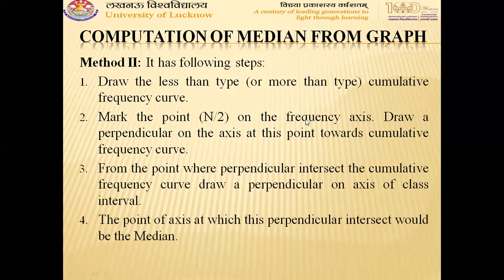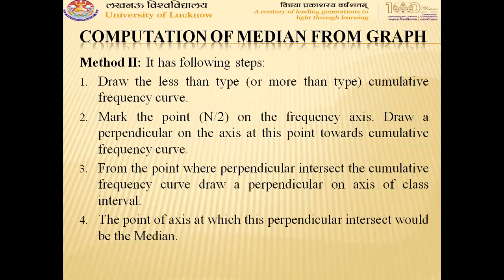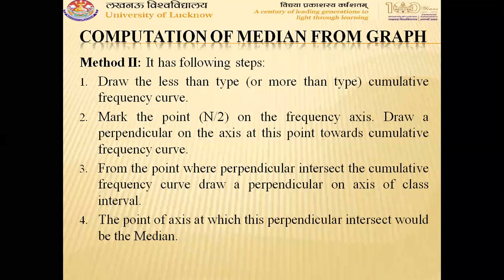Now the second method. In the second method, we draw only one of the two cumulative frequency curves, either less than type or more than type. Then we mark the point n by 2 on the axis of cumulative frequency. From this point we draw a perpendicular on the axis towards the cumulative frequency curve.